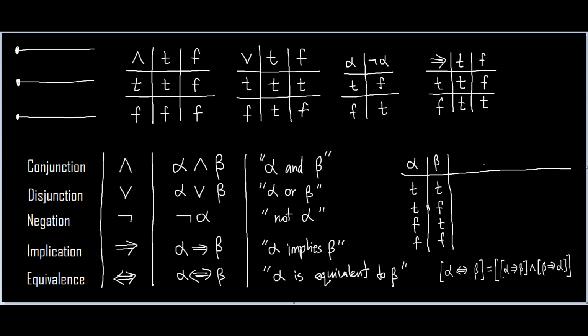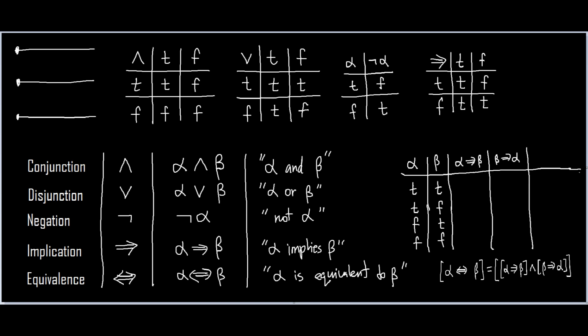And then I will consider each of these. So alpha implies beta, right? Make a column for that, which will be derived from the truth table for implication, and then a separate one for beta implies alpha.